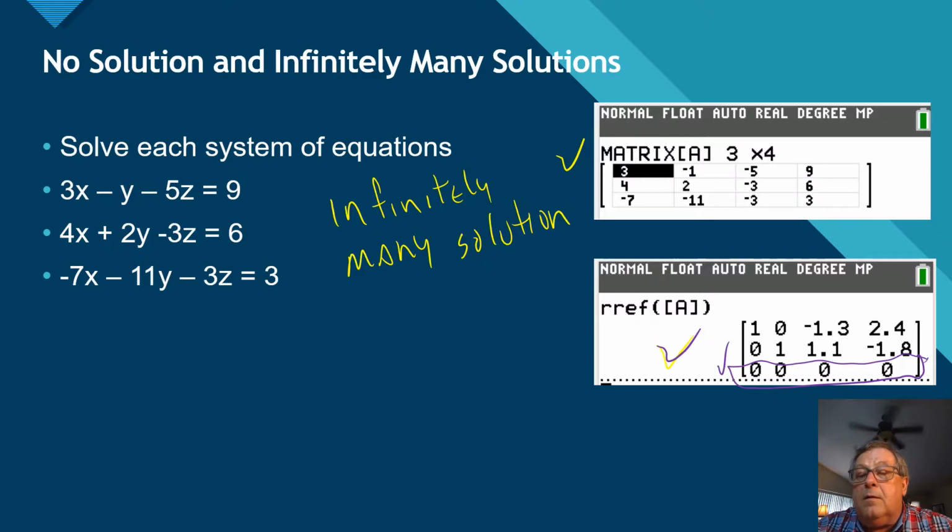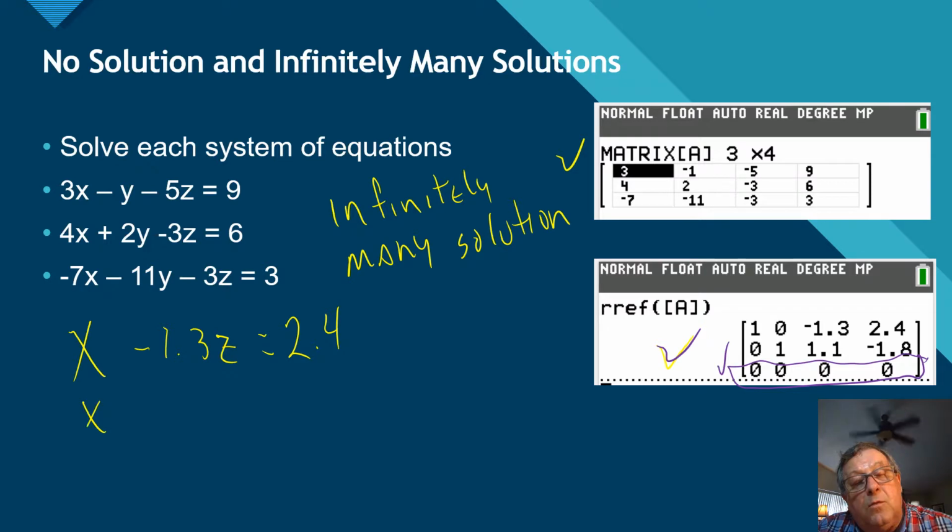So that 1 in row 1, column 1 is 1x, and there's 0y, and then there is minus 1.3z equals 2.4. And if I solve that for x, then x is equal to 2.4 plus 1.3z.